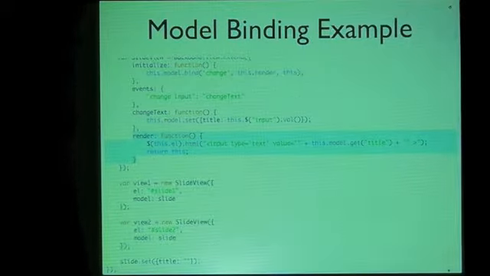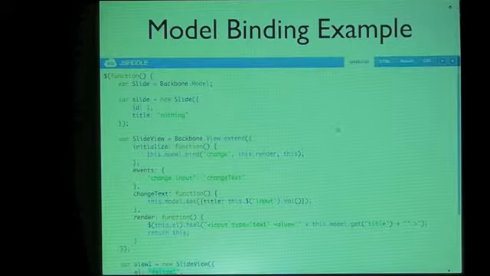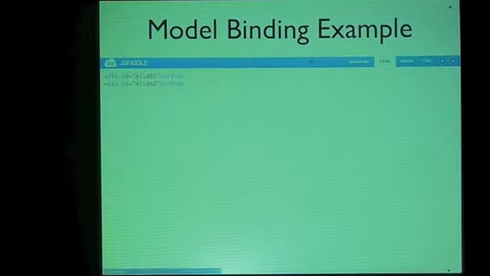So down here, I'm creating 2 views. And I'm saying, hey, you're going to go in slide 1 that already exists in my HTML like this. Slide 1, you're going to be here. Slide 2.